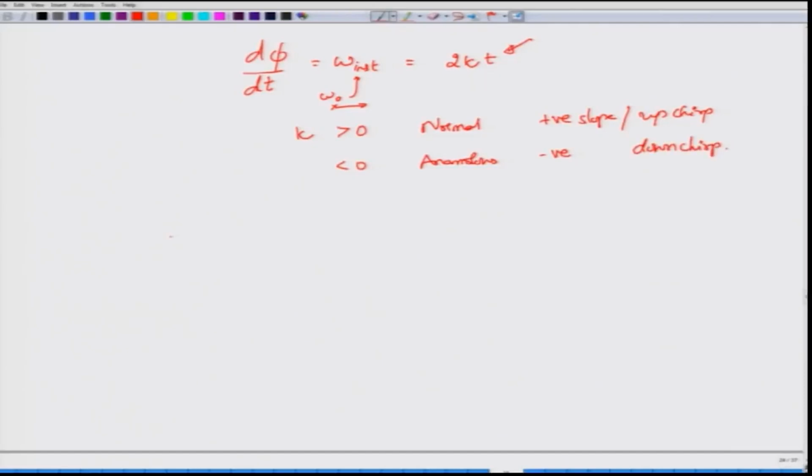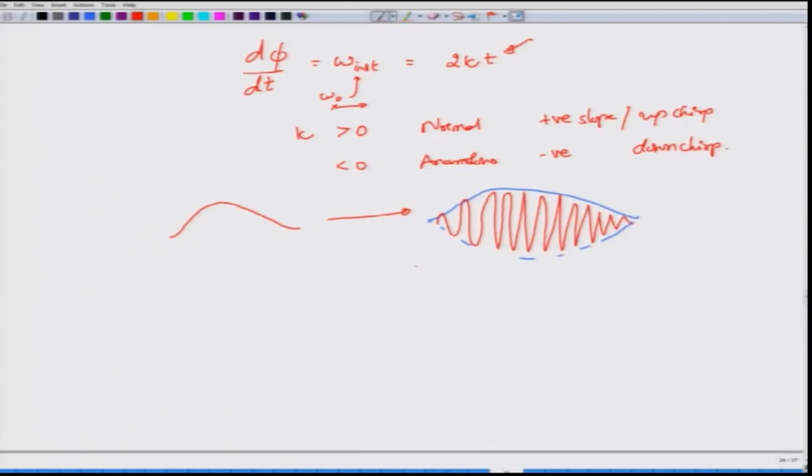Okay. So, if you were to take this pulse, which is initially unchirped, and launch it over the fiber and wait for a large transmission distance, then what you actually see will be a pulse which has spread out. So, let us spread the pulse out. But interestingly the pulse would actually have acquired a chirp which is linear and increasing across the pulse.